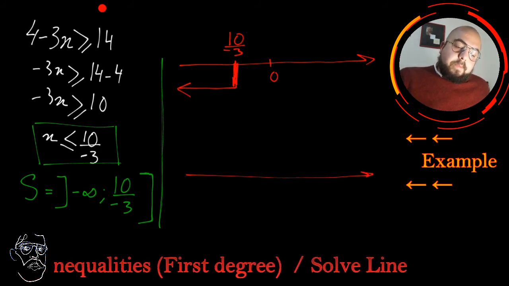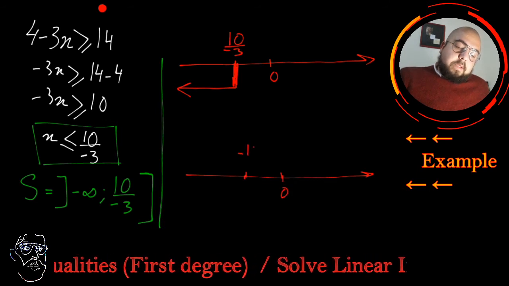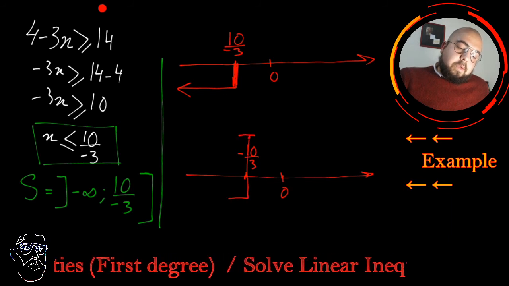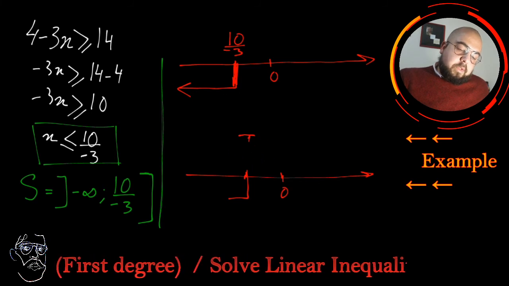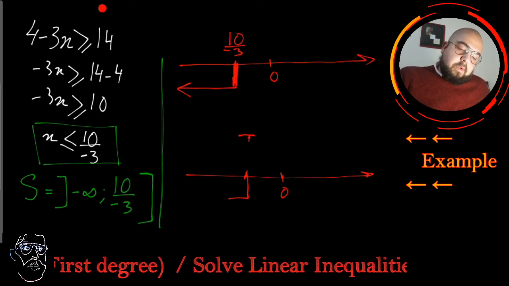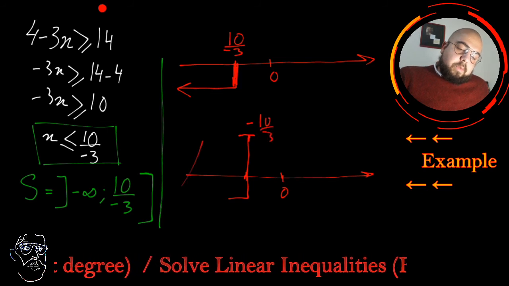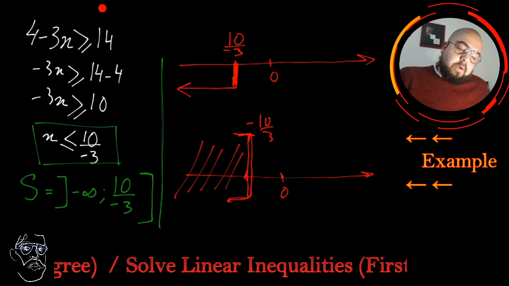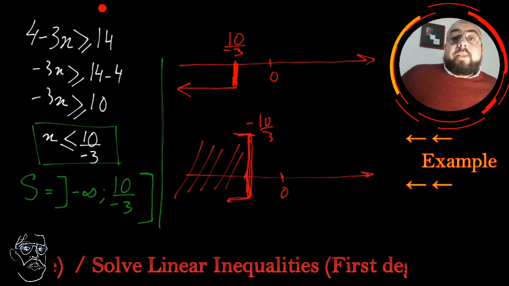Or you simply say again minus 10 over 3, and this will be the shaded part. Of course the brackets are closed in order to say that this value minus 10 over 3 is included.